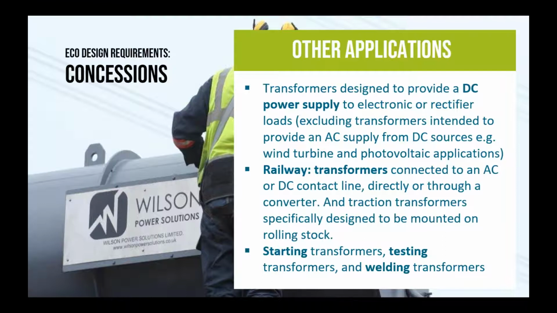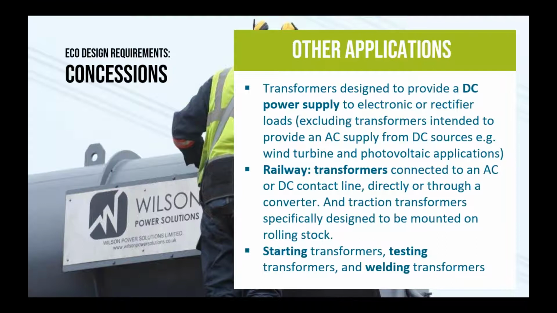And then we have railway applications. We have transformers with separate or auto-connected windings connected to an AC or DC contact line directly or through a converter, if they are used in fixed installations for railway applications.